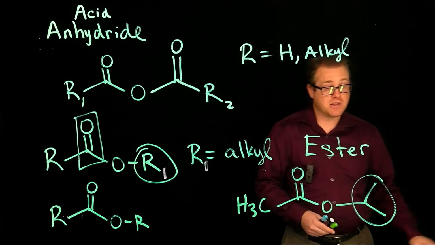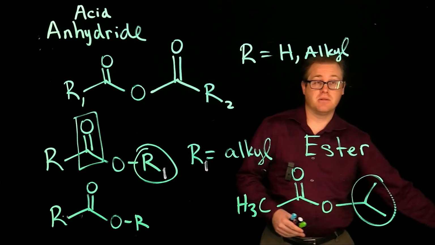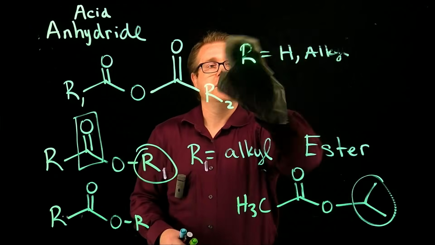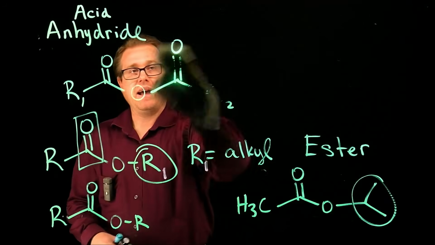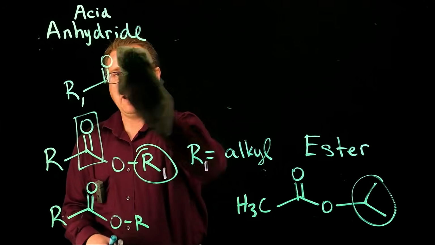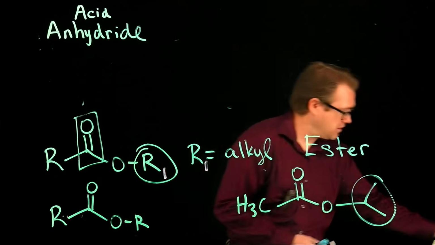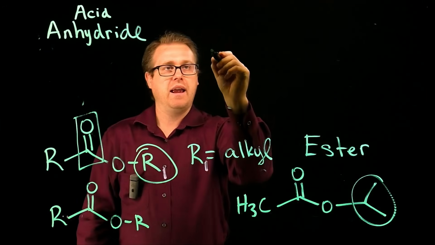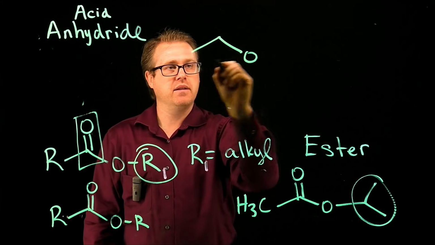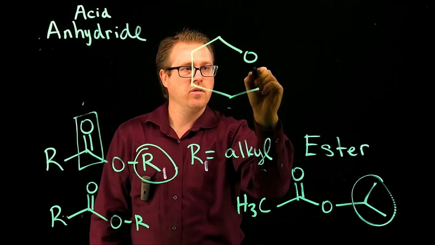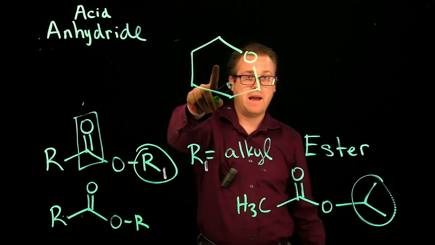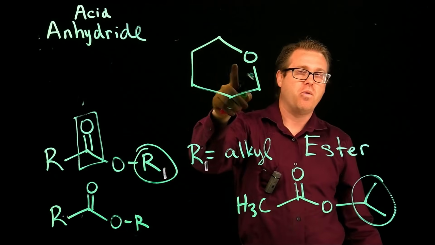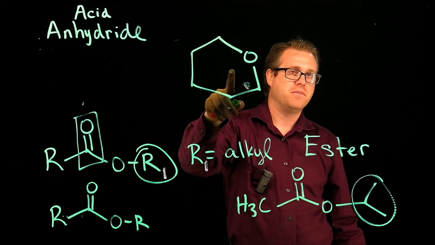Now you can also have cyclic esters. We could take an ester and put it in a ring. So you could take a ring like this. All right. So the way I drew this molecule right here, what would the functional group be called?